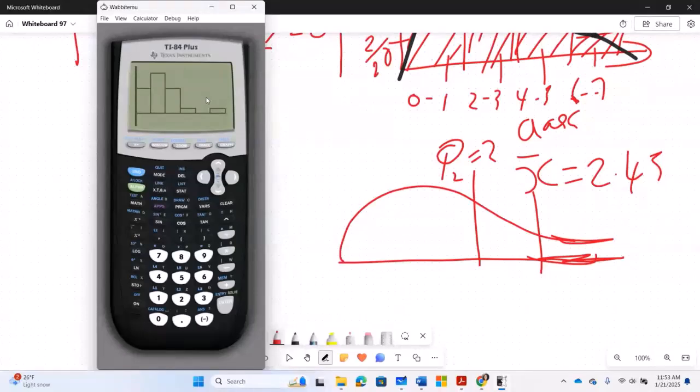Because suppose I am told to use my calculator to draw a histogram with a class width of 2. Let's fix this. We go to Window, arrow to Xscl, and make sure that the Xscl is the class width. Right now, the Xscl is not the class width. That's why it gave us more classes than what we needed. So we're going to put 2 there.